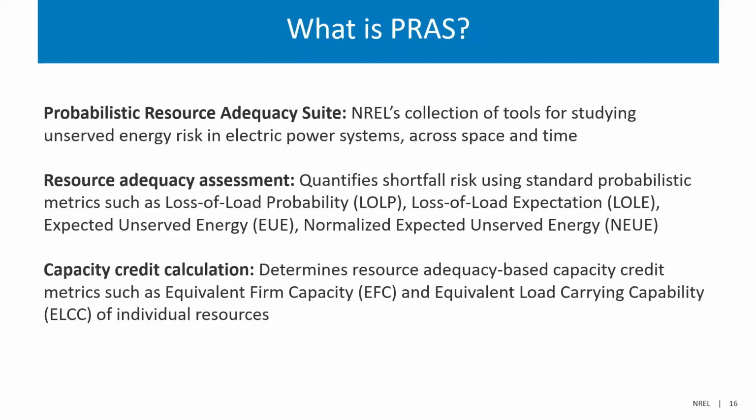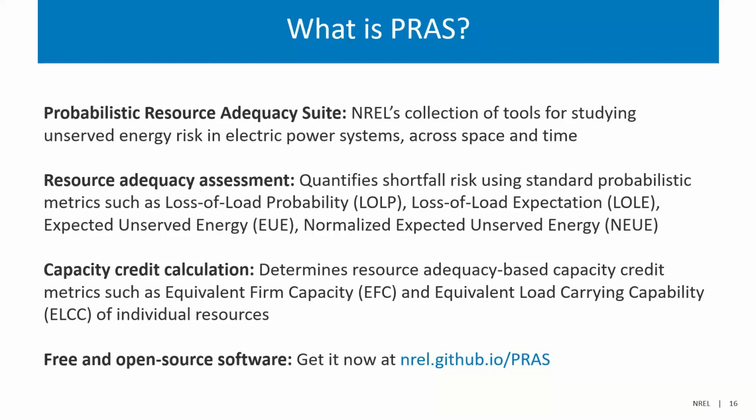And it also determines resource adequacy-based capacity credit metrics such as equivalent firm capacity and equivalent load carrying capability of individual resources, which are the two methods that I explained a few slides ago. And PRAS is open source, so you could download it from GitHub and start using it.